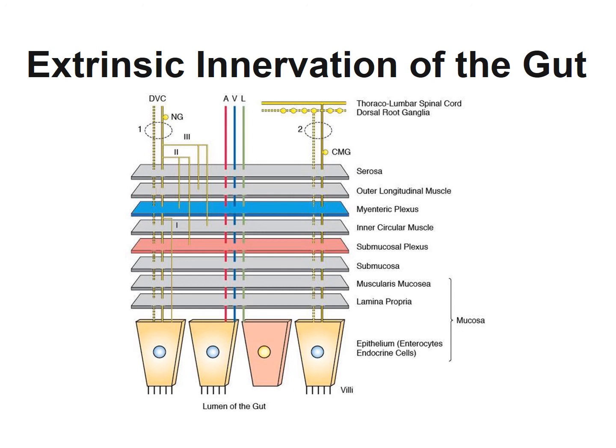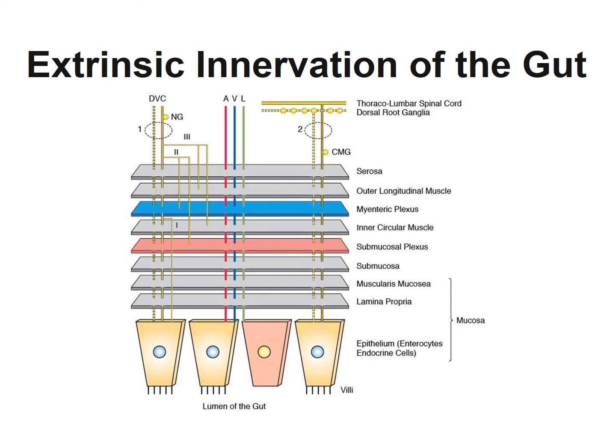The vagus nerve, which is 1, consists of mostly parasympathetic fibers, whereas number 2, the splanchnic nerve, represents the sympathetic innervation of the gastrointestinal tract.